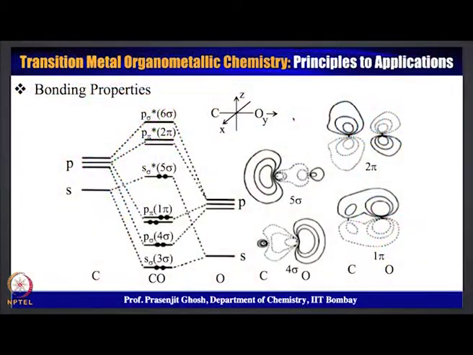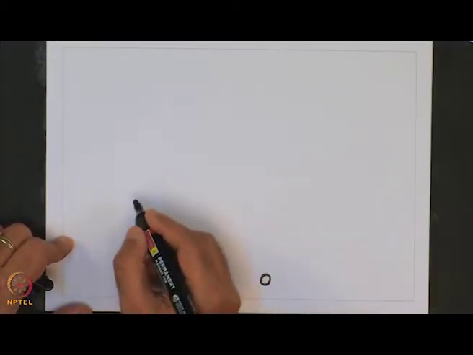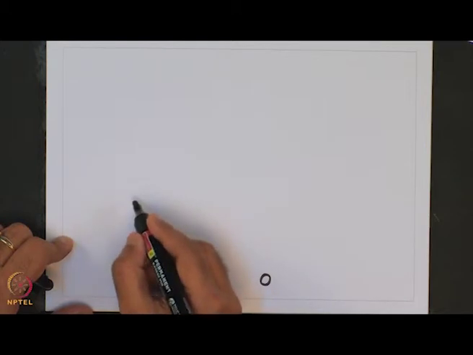Okay. So, with this, as I said, to understand the sigma pi bridging nature, one has to look at the molecular orbital diagram of the carbonyl to get a clear picture of how the carbon frontier orbitals interact with these metal frontier orbitals. So, let us take a look at the frontier molecular orbitals of CO. So, we have carbon monoxide, we have oxygen, and carbon has s and p as the valence orbitals.